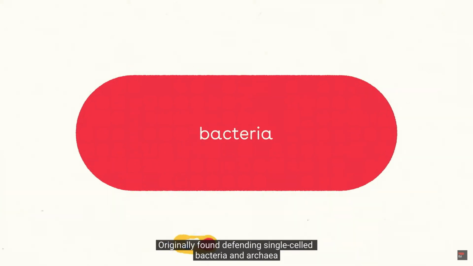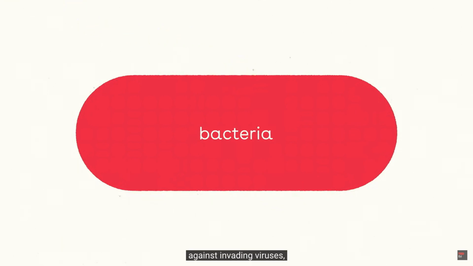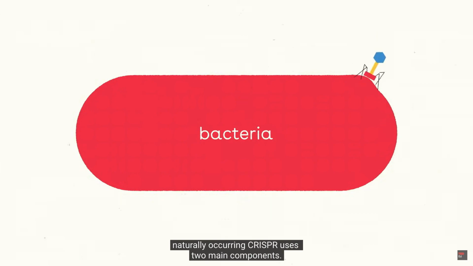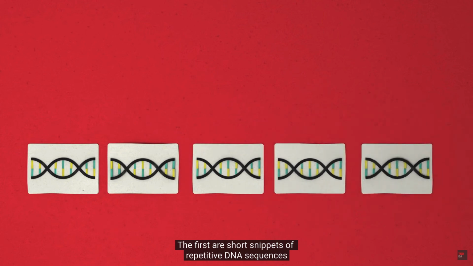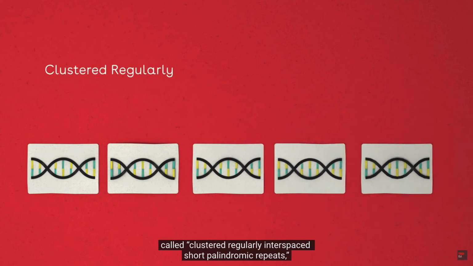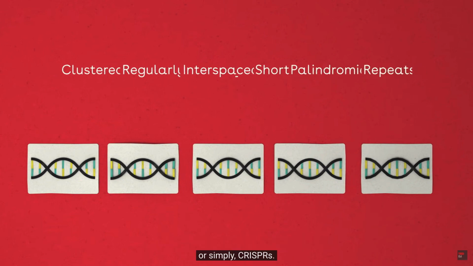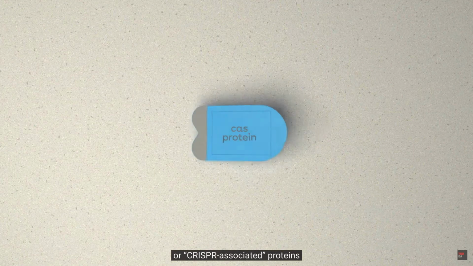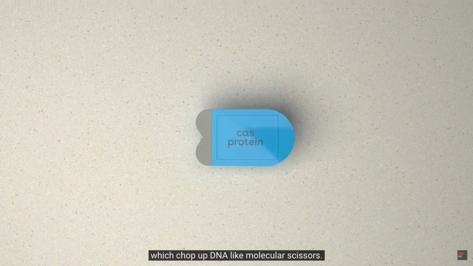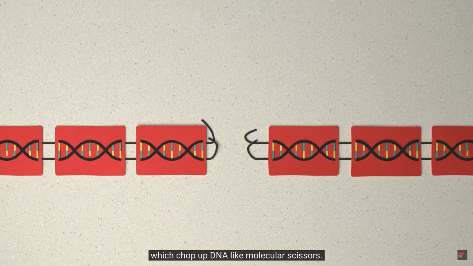Originally found defending single-cell bacteria and archaea against invading viruses, naturally occurring CRISPR uses 2 main components. The first are short snippets of repetitive DNA sequences called clustered regularly interspaced short palindromic repeats, or simply CRISPRs. The second are Cas, or CRISPR-associated proteins, which chop up DNA like molecular scissors.